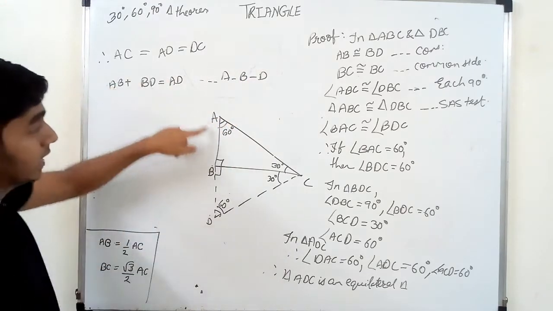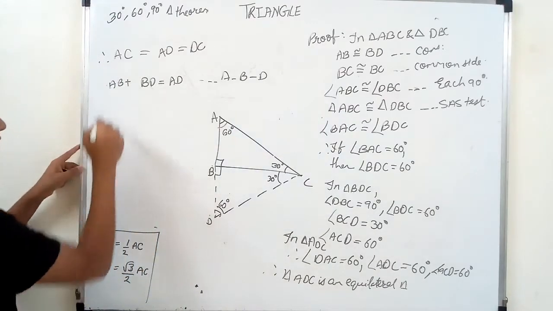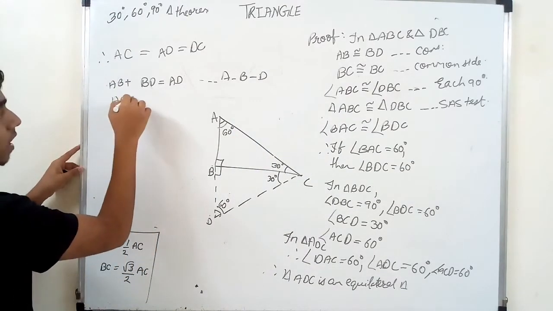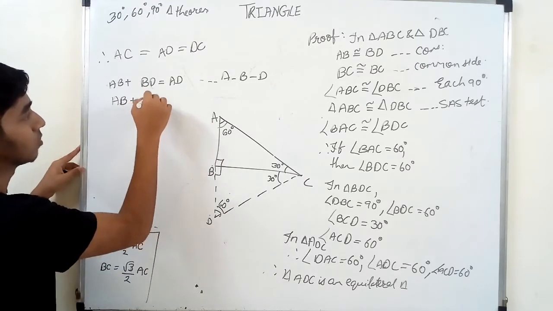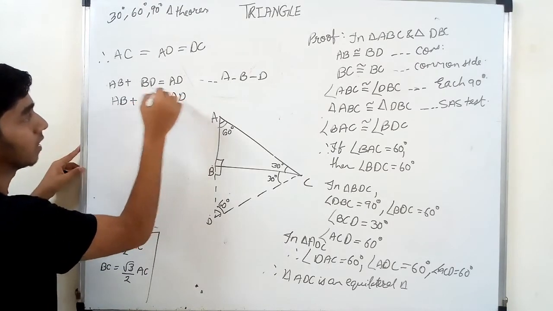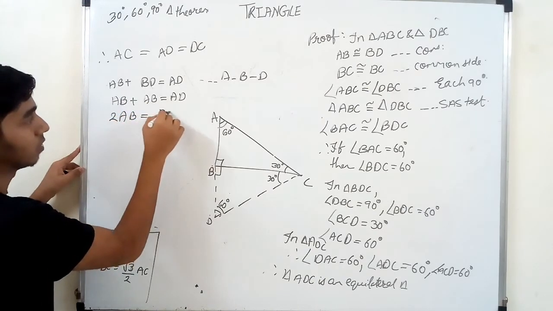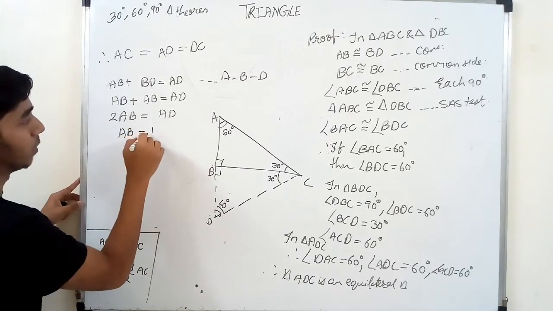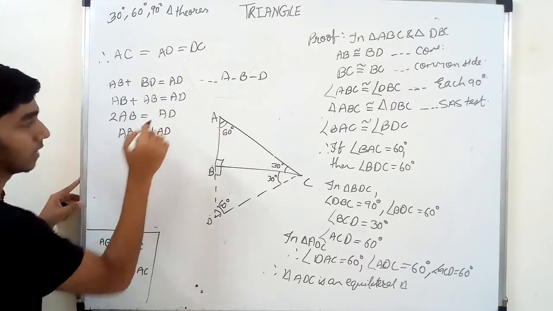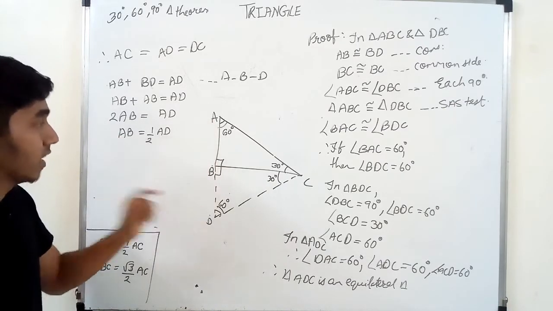Now AB and BD are the same by construction. Therefore, I'll write AB, and instead of BD, I'll write AB again. AB plus AB equal to AD. Therefore, 2AB is equal to AD. Therefore, AB is equal to half of AD. So AB is equal to half of AD.